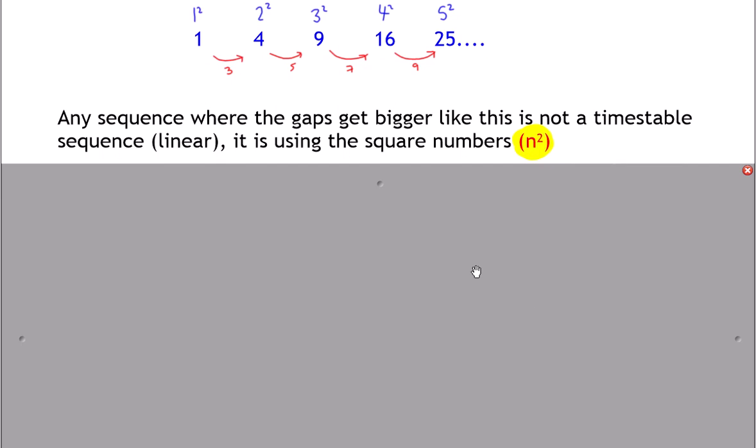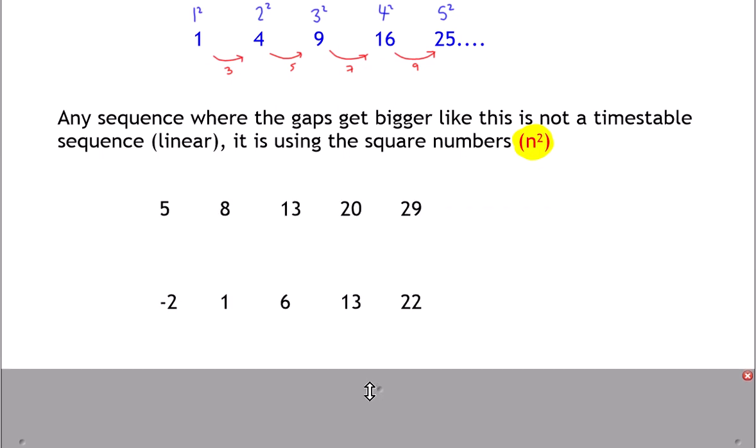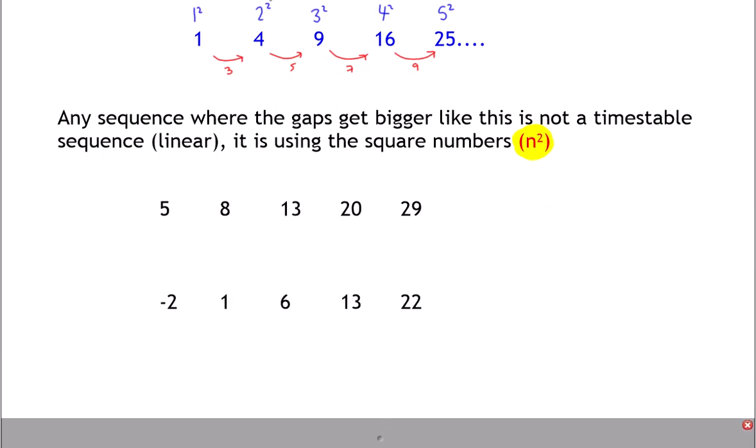And then if we have a look at some questions, just two. If you look at this first one, the gap size goes 3, then 5, then 7, then 9. So it's not a times table, it's the square numbers. So n squared. I don't write a times table on top, I write the square numbers on top.